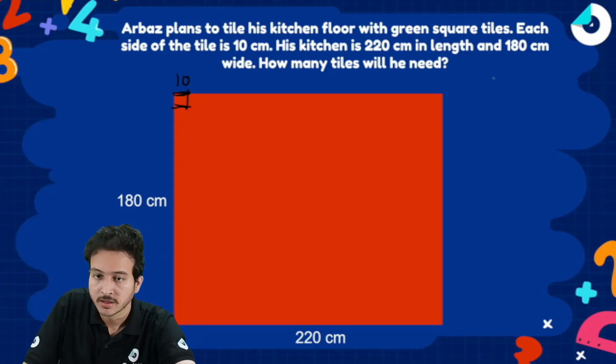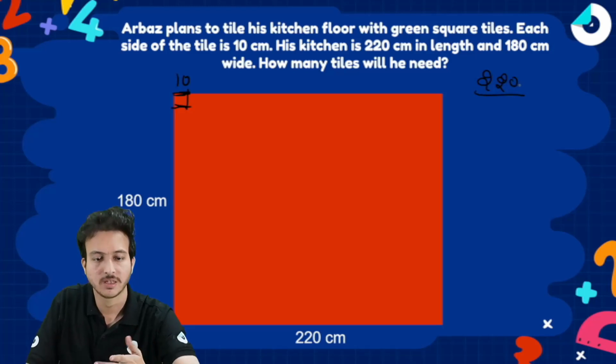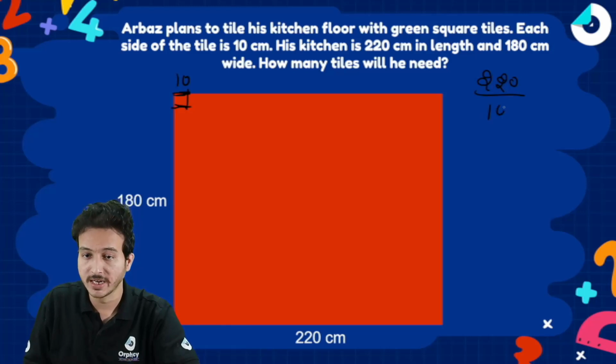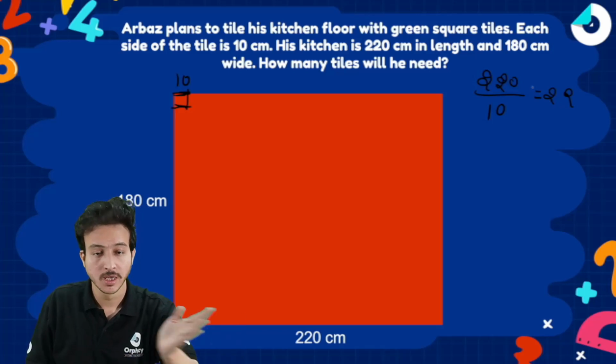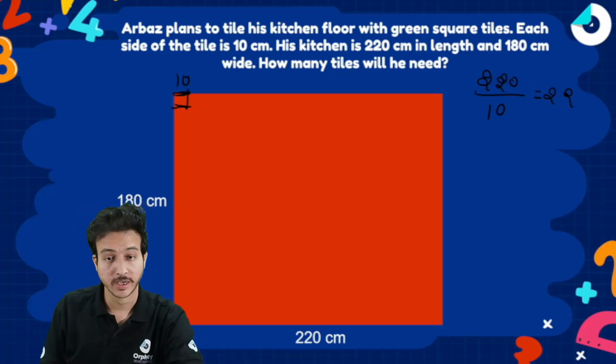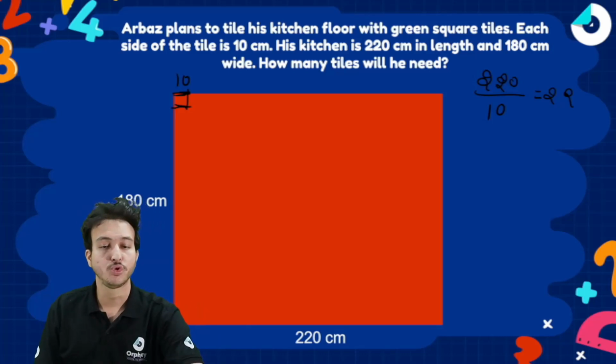So to completely cover the total length, you need at least 220 by 10, that is 22 squares along the length. You need 22 squares along the length to completely cover it. That means you need 22 tiles.